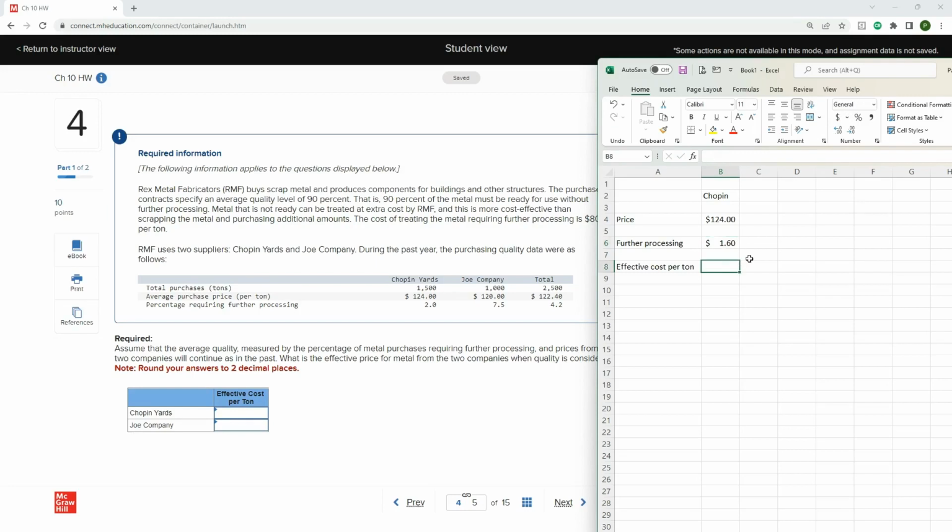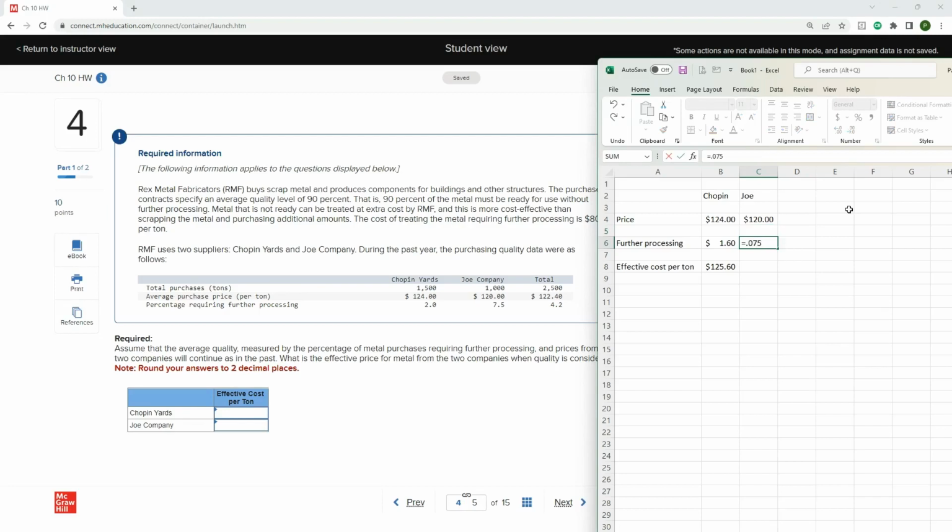So effective cost per ton is going to be the $124 plus an additional $1.60 for further processing. So our cost is $125.60.